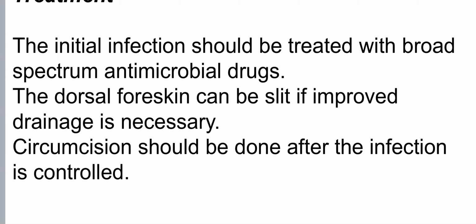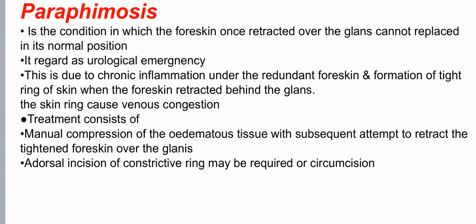The last topic is paraphimosis. Paraphimosis is the condition in which the foreskin, once retracted over the glans, cannot be replaced in its normal position. It is regarded as a urological emergency. This is due to chronic inflammation under the redundant foreskin and formation of a tight ring of skin when the foreskin is retracted behind the glans.